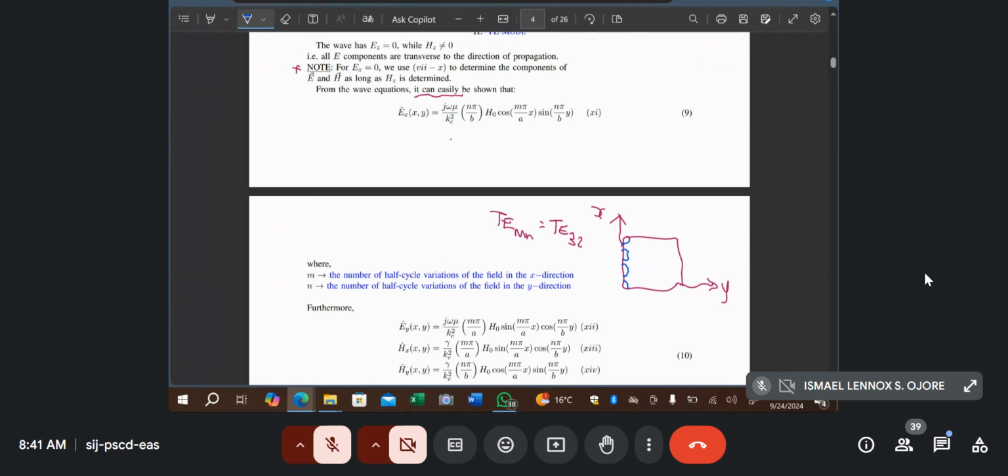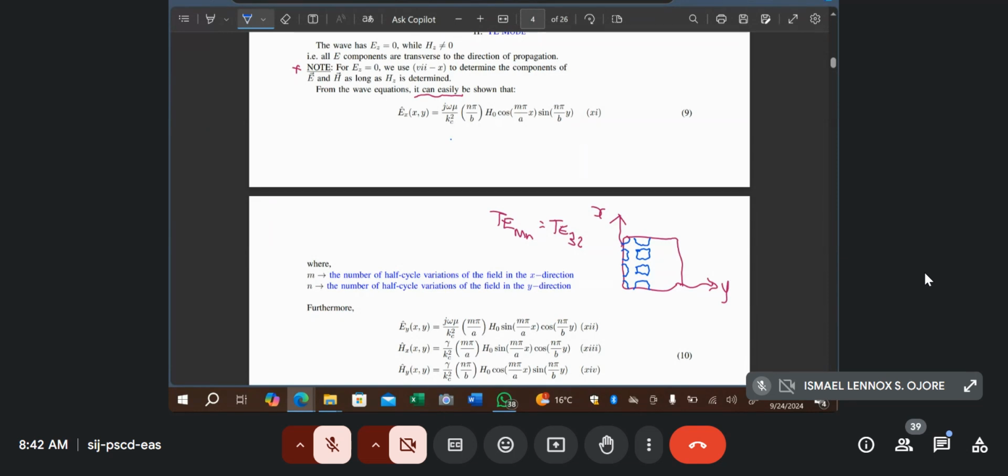So there are 3 on the x. So it means here we'll have a full one. Full. Then we have half. Now you can see we have 3 full variations in the x, but we need 2.